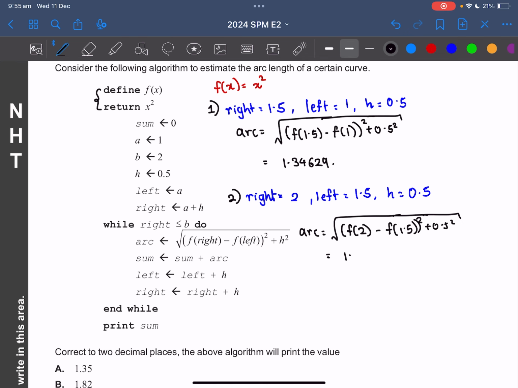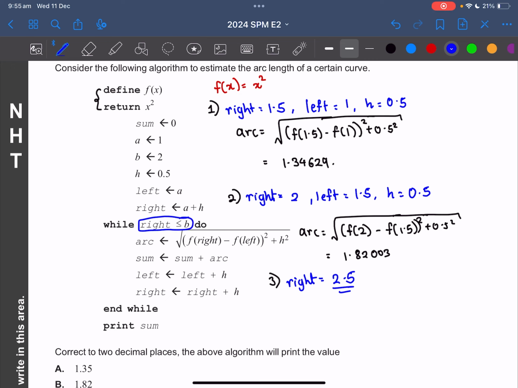So 1.82003. Okay, now let's look at the third iteration. Number 3, what is our right? Right is now equal to the previous right plus h, which is 2.5. Now notice one thing.